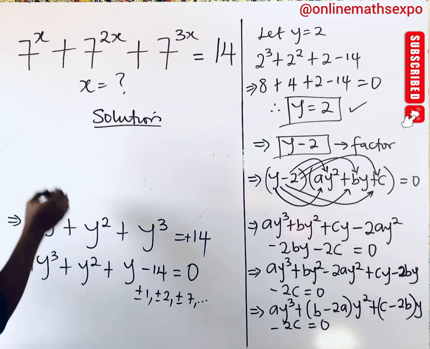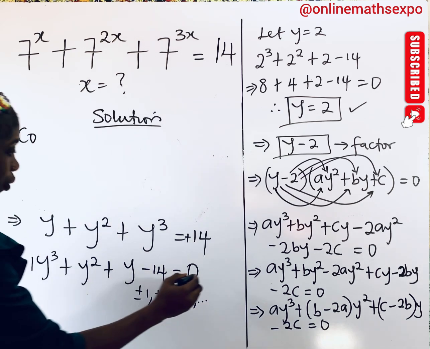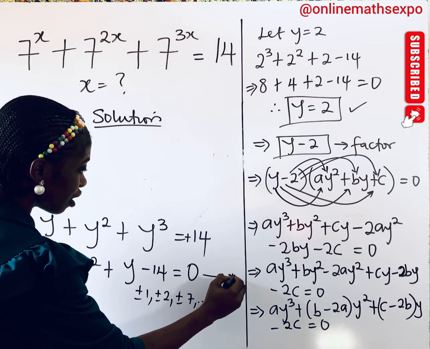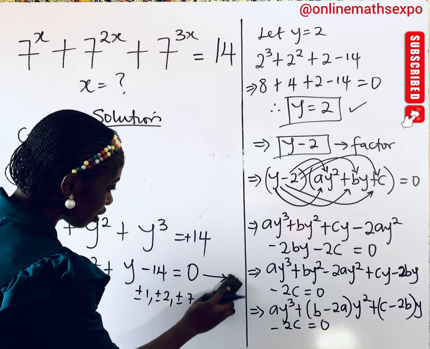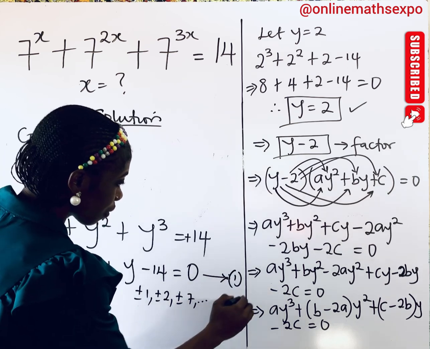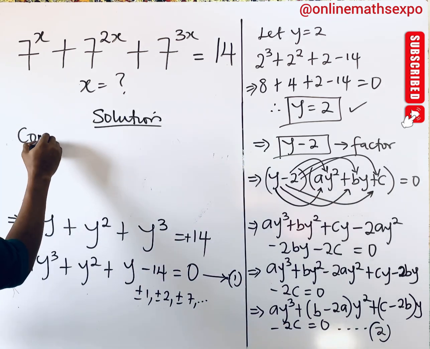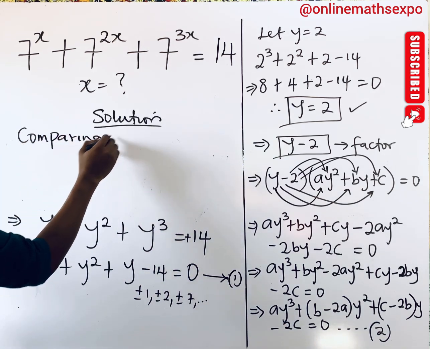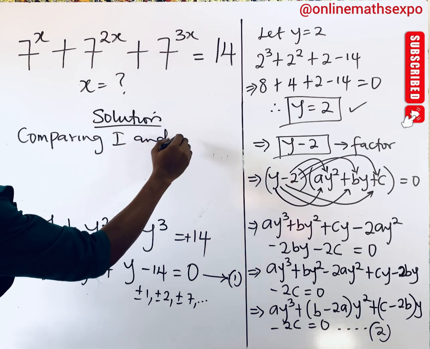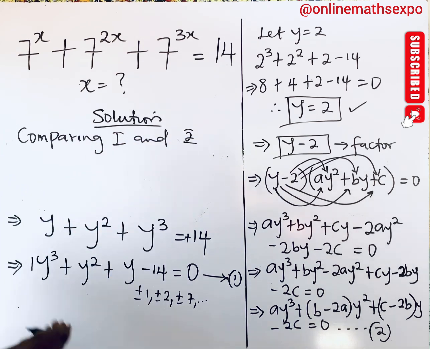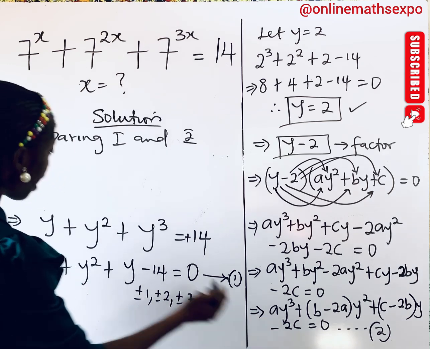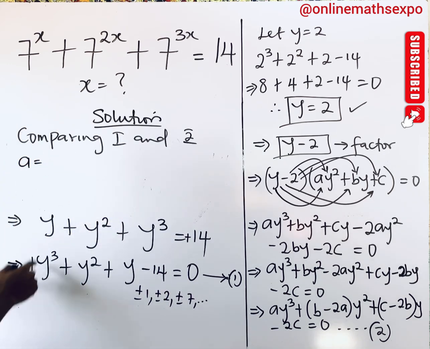So by comparing, we can call this one equation 1, and this we can call equation 2. So comparing 1 and 2, what do we have? This means that our a is equal to 1.